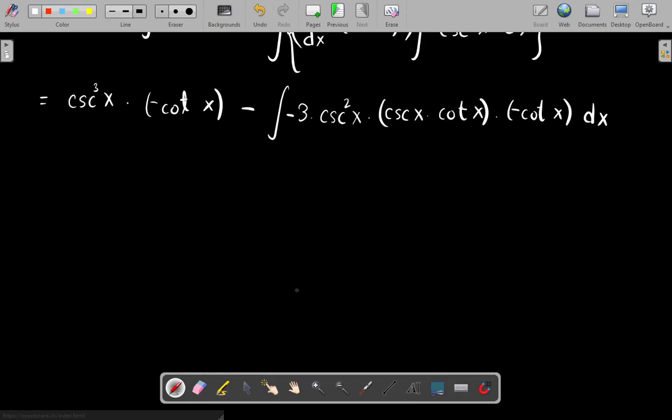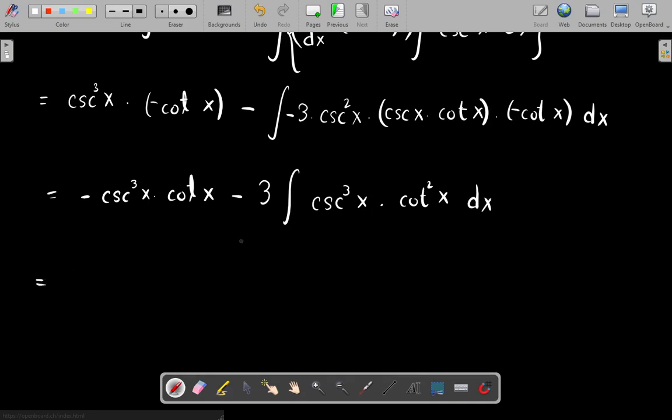So now we have the first term, minus cosec cube x times cot x, and there is one minus and one minus, so it is minus. So minus 3 times the integration of cosec cube x times cot square x dx.